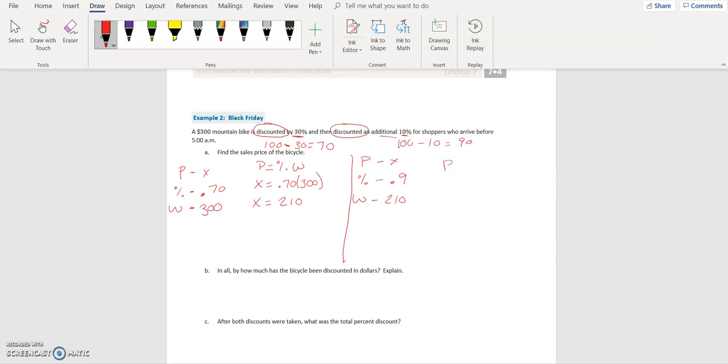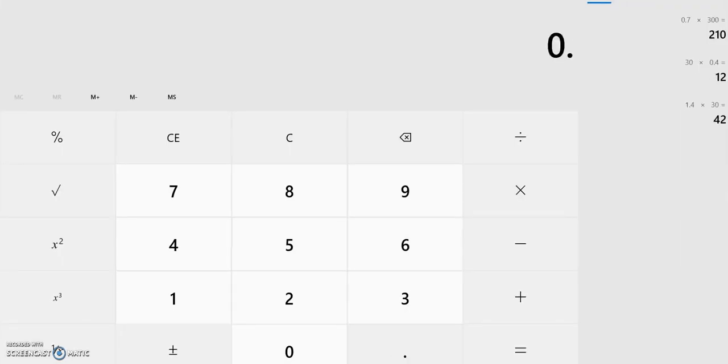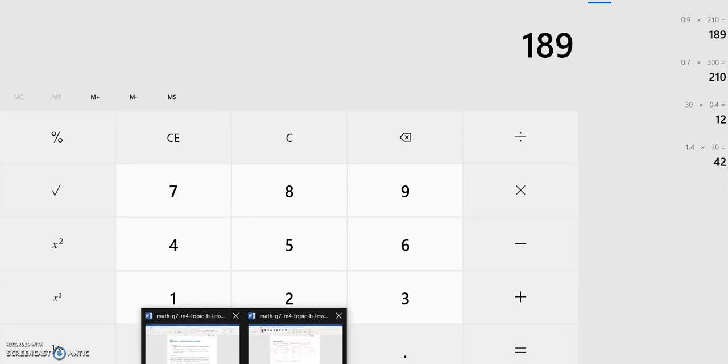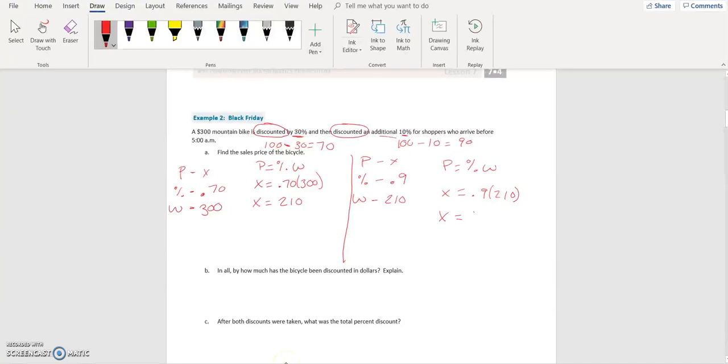And part is our X. Part is equal to percent times the whole. X is equal to 0.9 times 210, which gives me 189. So if I get there before 5 a.m., now I'm only paying $189 for the bike.